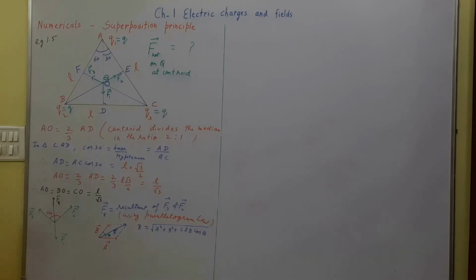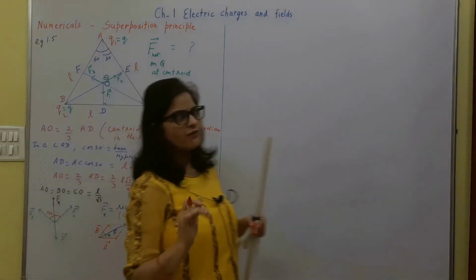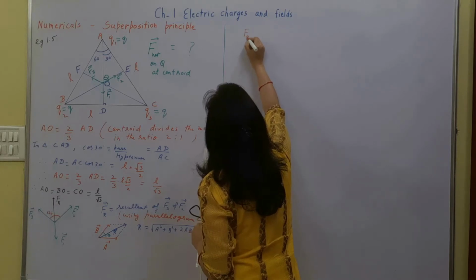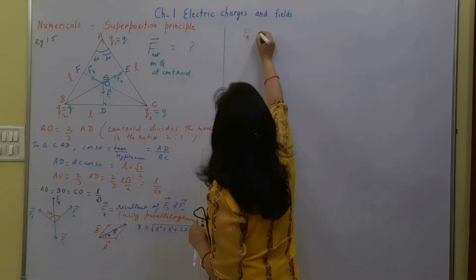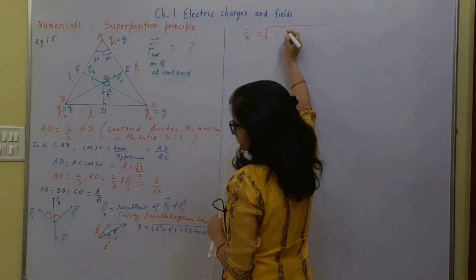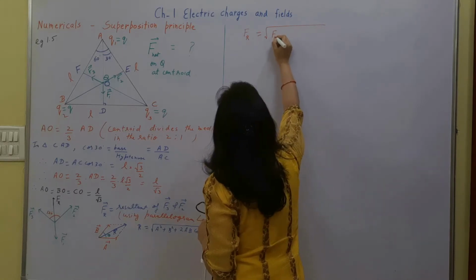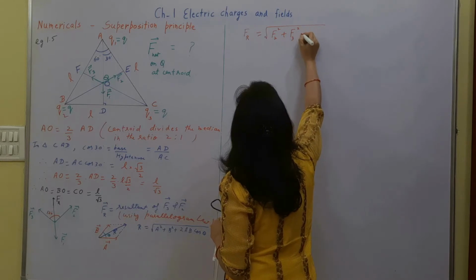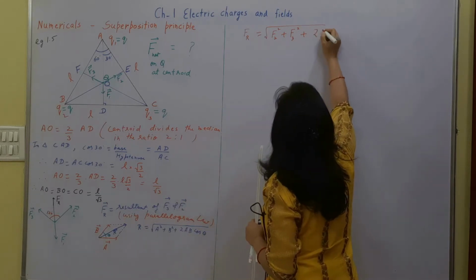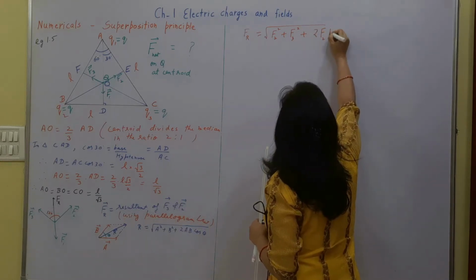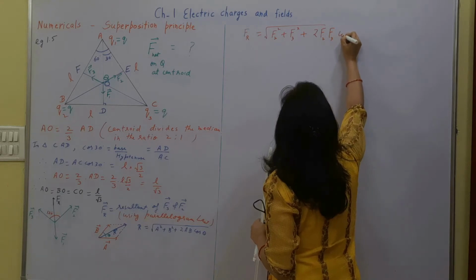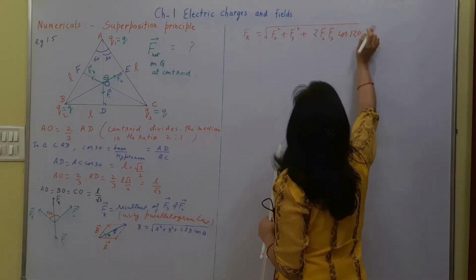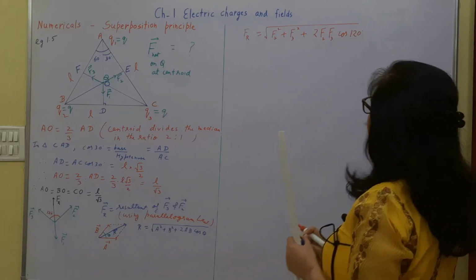So, using parallelogram law, I will first find Fr. So, Fr is equal to under root of F2 square plus F3 square plus 2 F2 F3 cos of 120 degree, right?